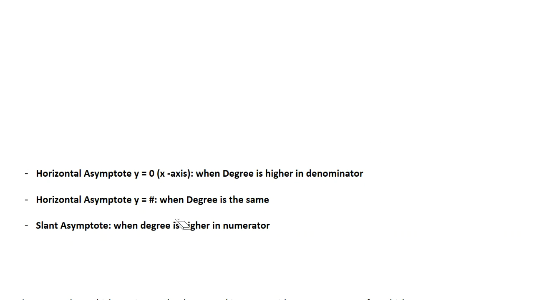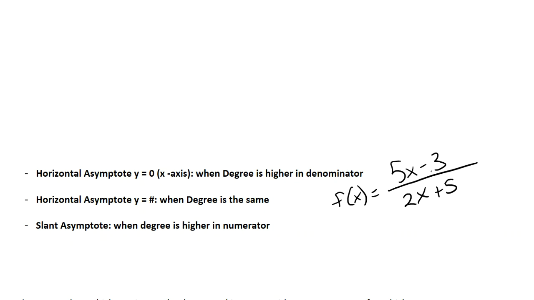The next thing says that when the degree is the same, I'm going to have a horizontal asymptote again, but it's going to be at a different number. I want to make sure that we can look at these and understand them quickly. So if I had something like 5x minus 3 over 2x plus 5, the degrees are the same.